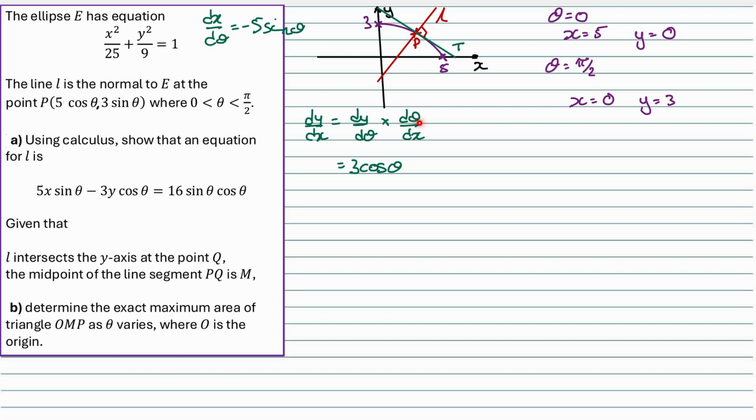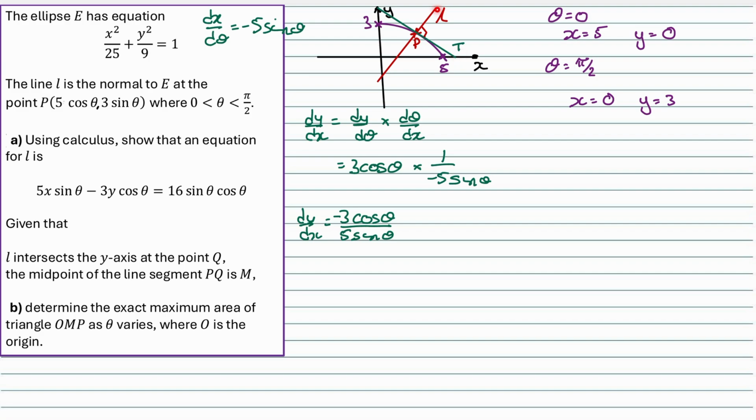But because we want d theta by dx, we need to multiply it by the reciprocal of this. So we'll times it by 1 over negative 5 sine theta. So dy by dx will be 3 cos theta over negative 5 sine theta. And this is the gradient of a tangent.